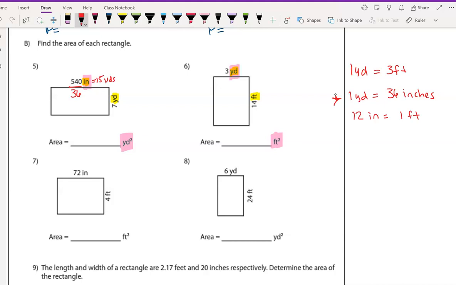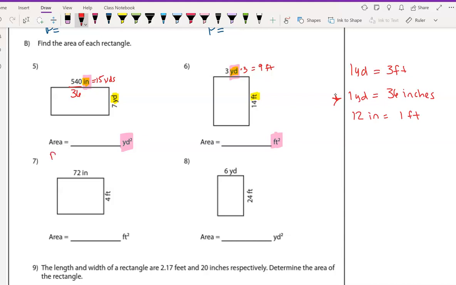And then over here, we're going to convert yards to feet. And we know that there's 1 yard for every 3 feet. So we're going to multiply this by 3, and we are going to get 9 feet. So now you can multiply your base times height or length times width.